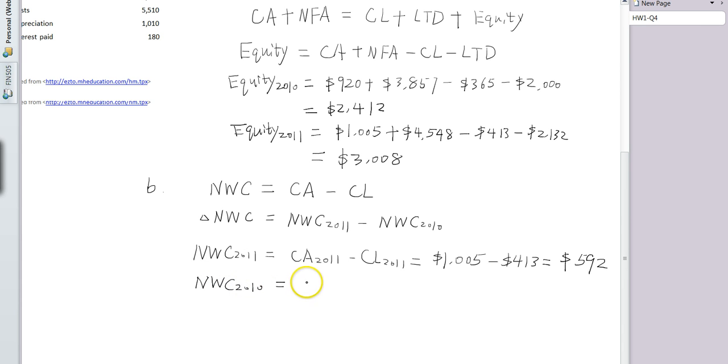The same for net working capital for 2010. That's gonna be current assets for 2010 minus current liabilities for 2010, and that further equals 920 minus 365.